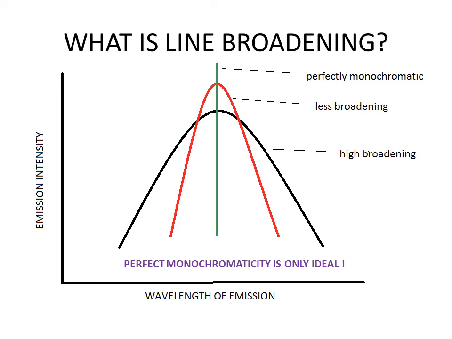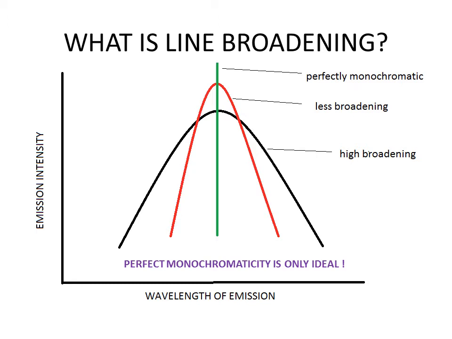Whereas in the case of this red line, the emission spectrum is broader. In the case of the black graph, it is still broader. So in the case of the red one, there is less line broadening, whereas in this case the line broadening is very high. So basically line broadening refers to how many frequency components are present in the emission.